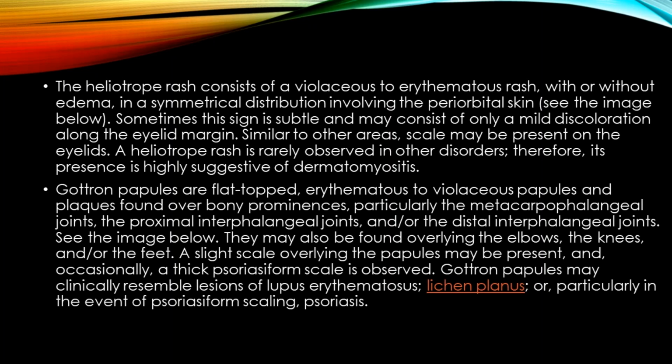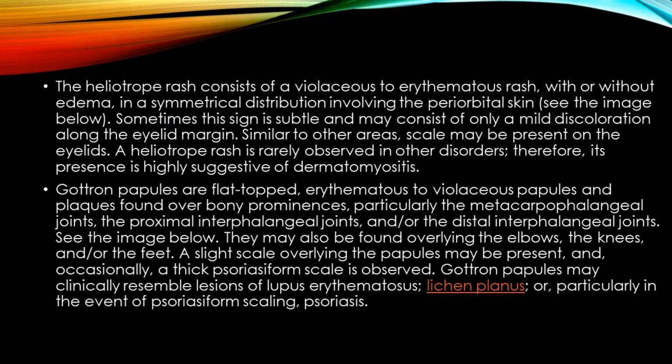Then, Gottron papules. The image you are seeing shows flat-topped erythematous to violaceous papules and plaques found over bony prominences, particularly the metacarpophalangeal joint, the proximal interphalangeal joint, and/or the distal interphalangeal joint. They may also be found overlying the elbows, the knees, and/or the feet.